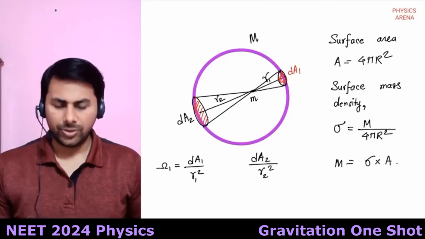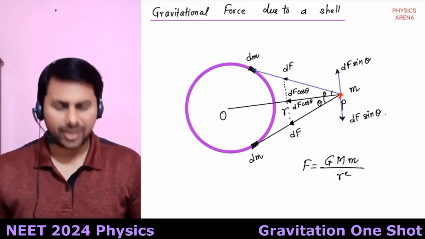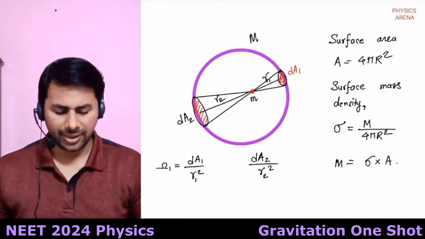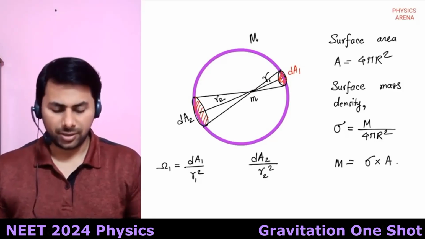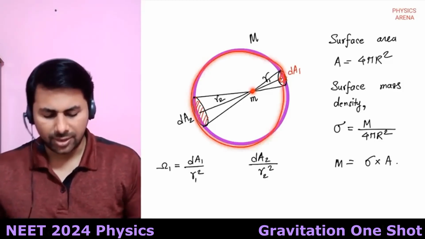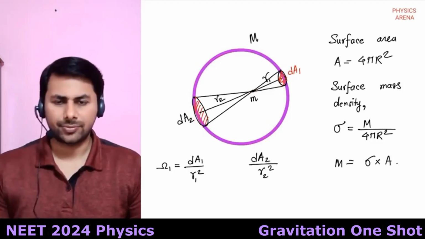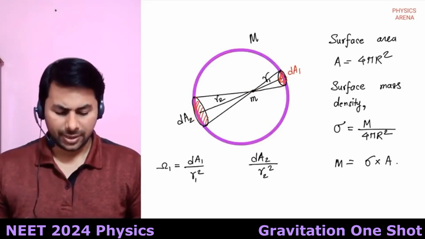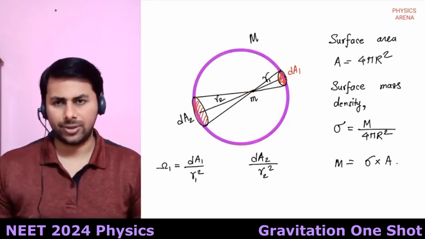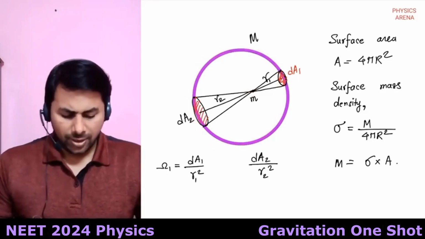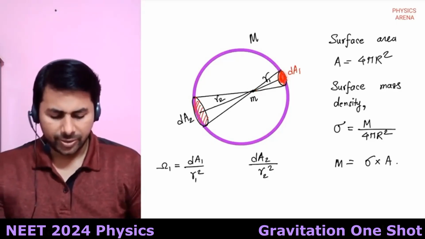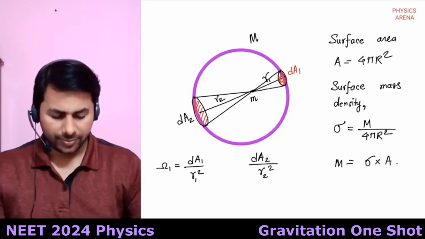Now suppose this mass is kept inside of the shell. Then the gravitational force on this mass due to the shell will be equal to 0. How? So let's consider some area over here, an area of the shell.